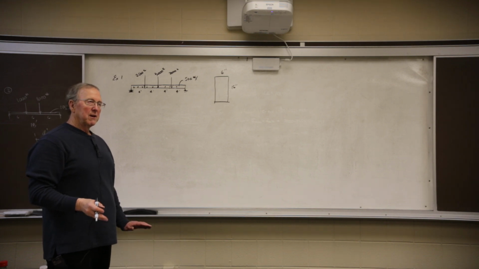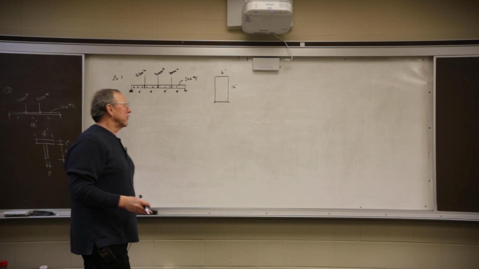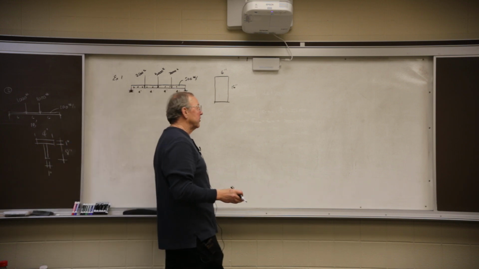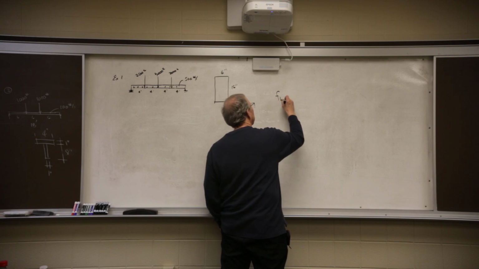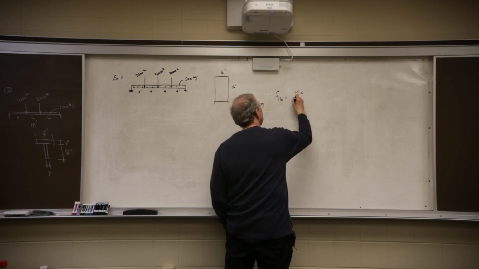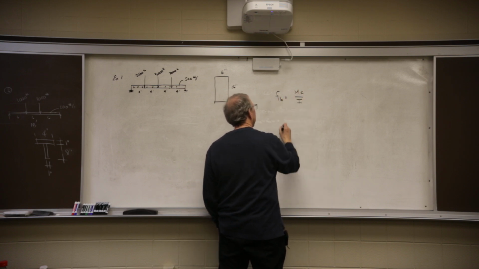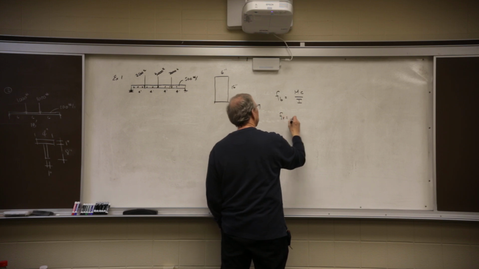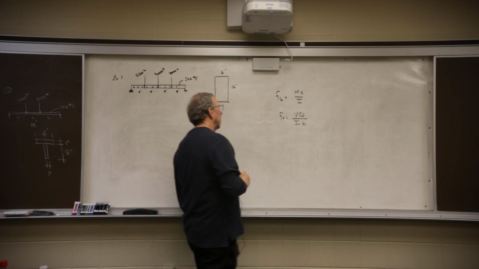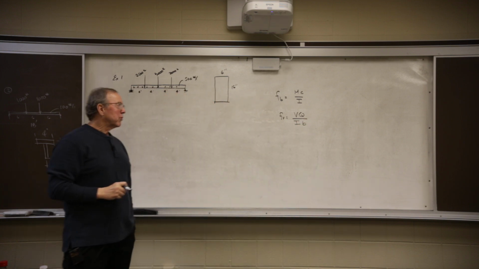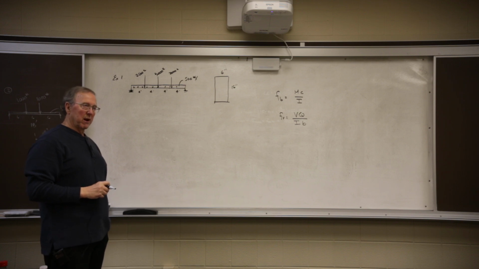Maximum bending, maximum shear. So you had equations. You've already seen these. FB equals MC over I, and FV equals VQ over I, B, or T. Okay, there's our actual bending stress, actual shear stress.